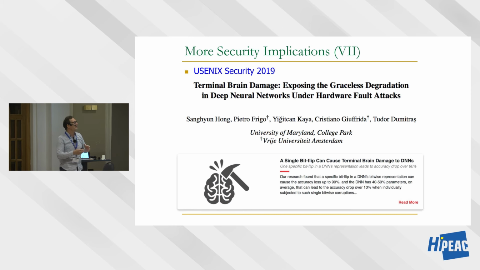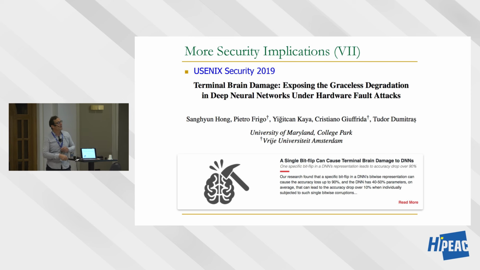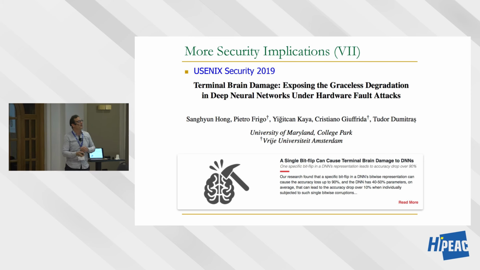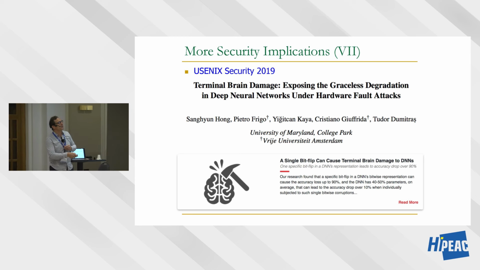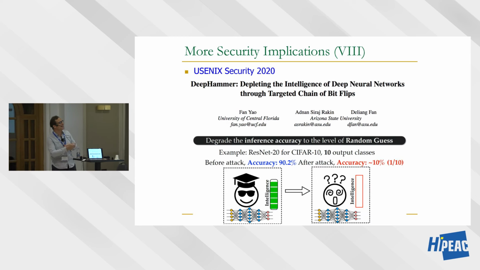Okay, more recently, similarly around that time, people have been looking at neural networks, and people have been showing that you could actually flip some interesting bits in a neural network such that you could drop the accuracy of the neural network significantly. There are a bunch of papers that look at this, and there are different ways of flipping the bits using Rowhammer.